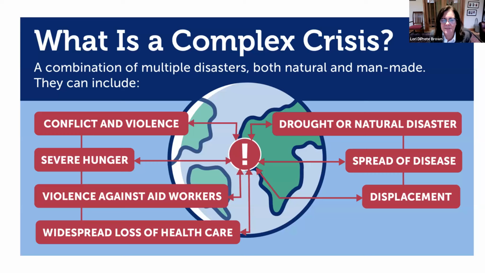But we have health challenges, obviously, violence, severe hunger, conflict, drought, spread of disease, displacement, all of those things converging, so that whatever we were doing before that was holistic and equity oriented and rapid, we need to do more of that for reaching more and faster than ever before. And so because it's a complex crisis, we really need to think differently maybe and look toward new models of global health.